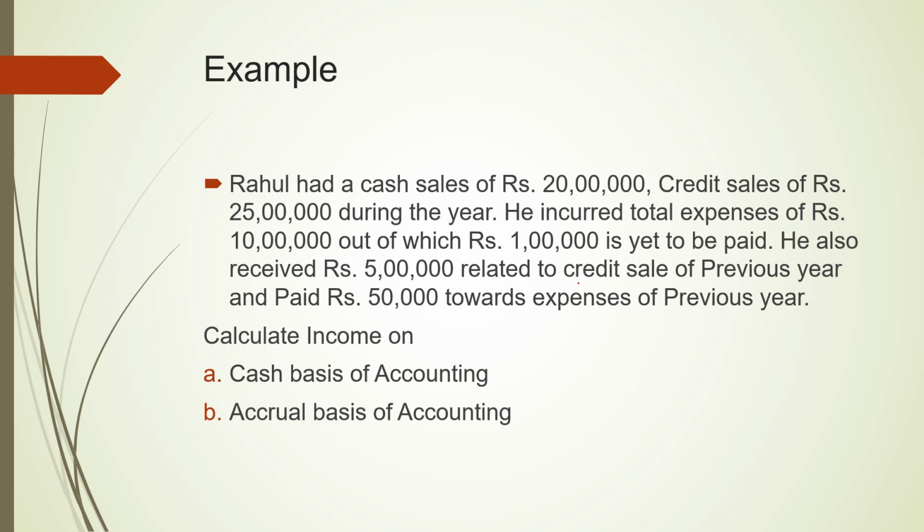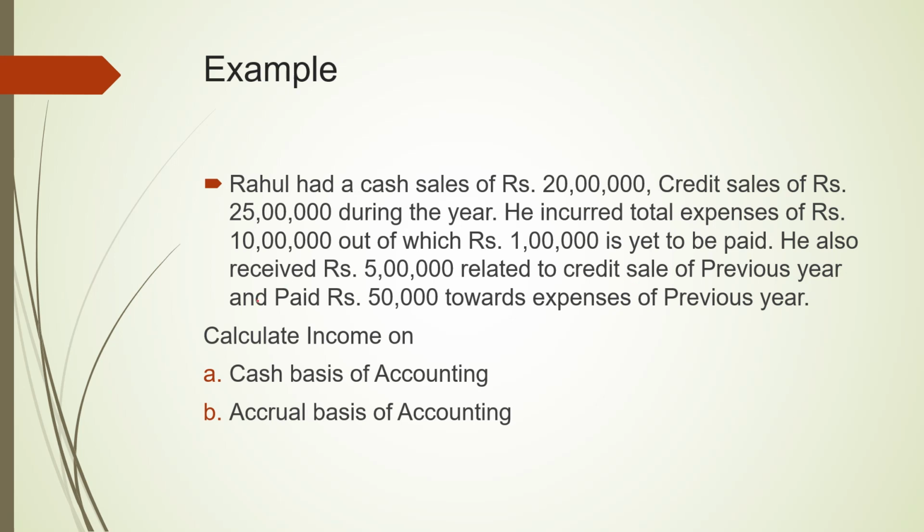The sale takes place and is recognized as revenue, but it is going to be received after the credit period, maybe 1 month. So maybe at the end of April, the amount of 5 lakh is received. You can see that it is related to the March sale, but the amount is received in the month of April, which are in two different accounting years.